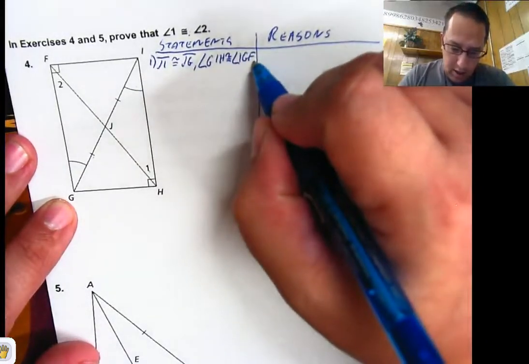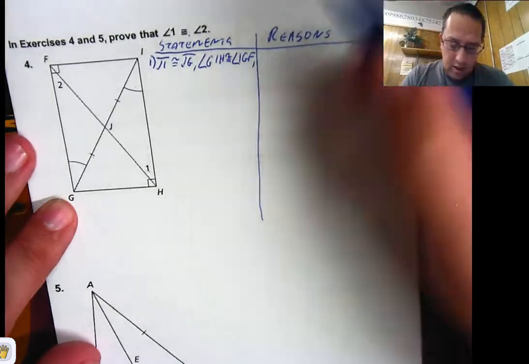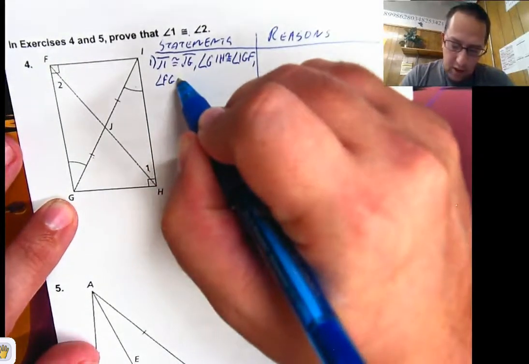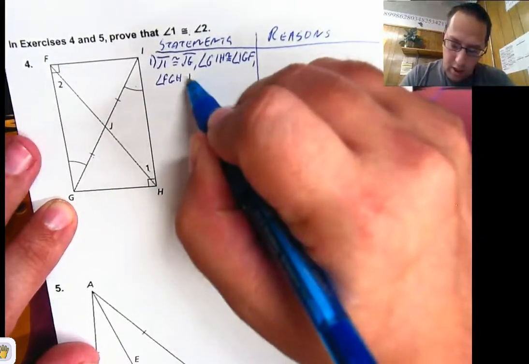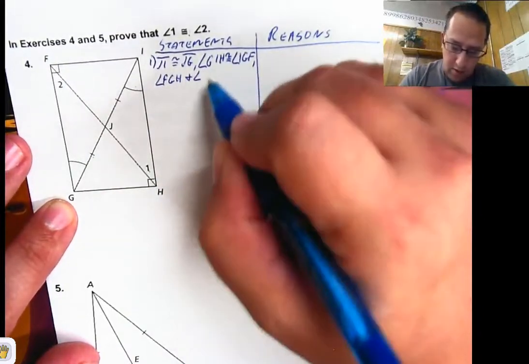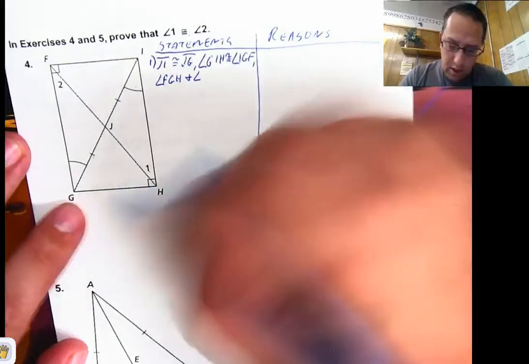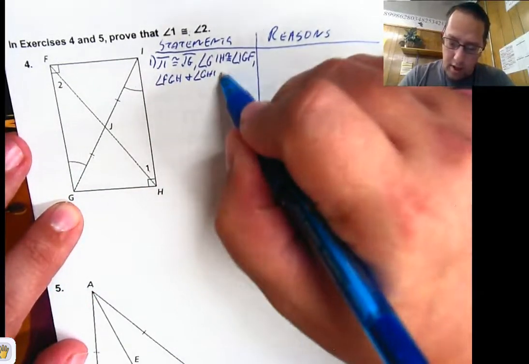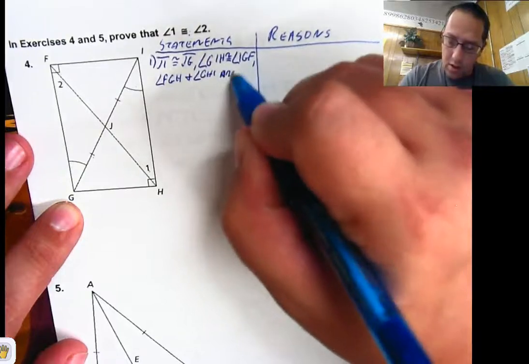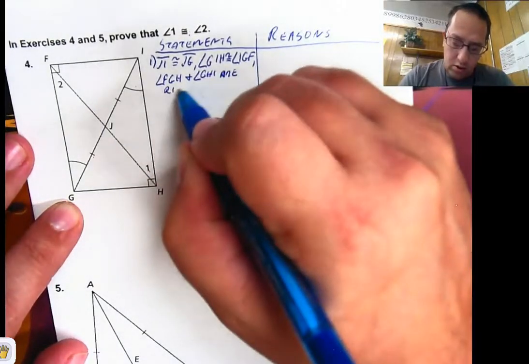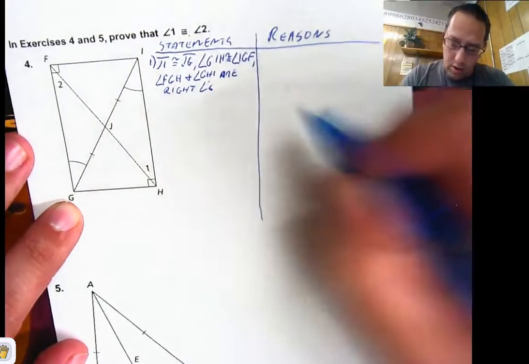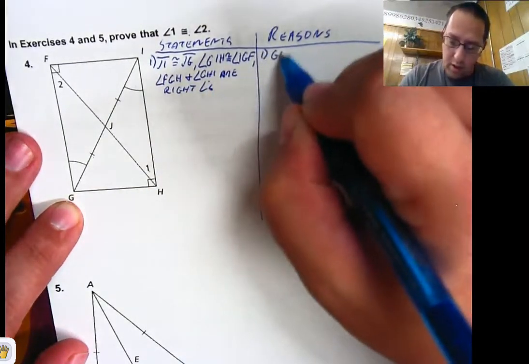And the other thing I was given is that angle FGH and angle GHI are right angles. Okay, and all of this was given to me.